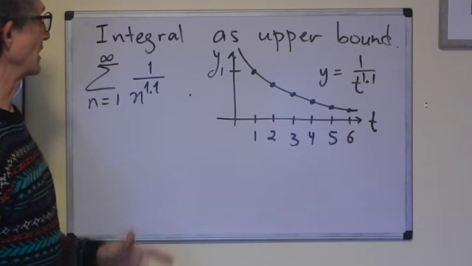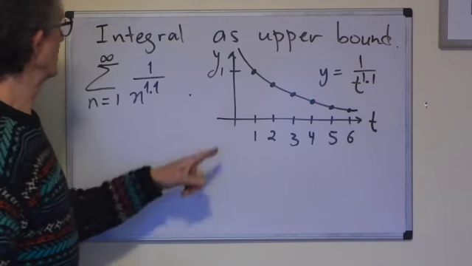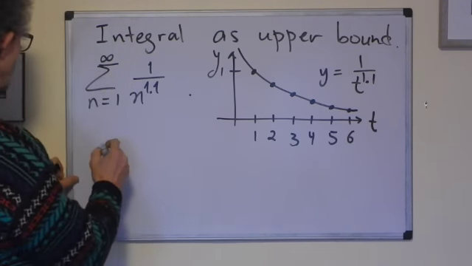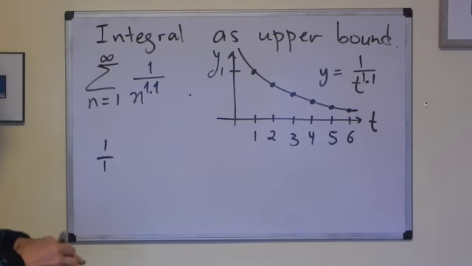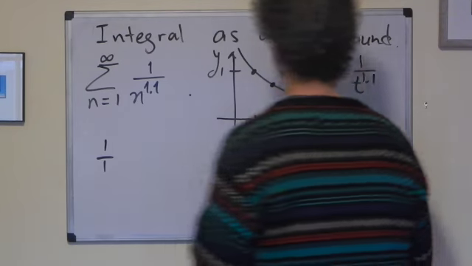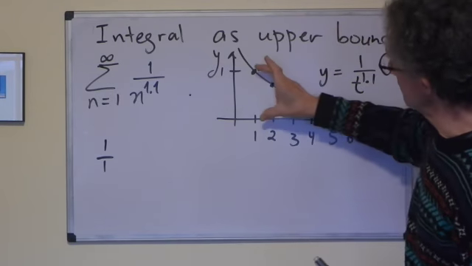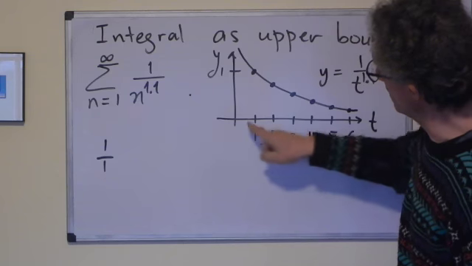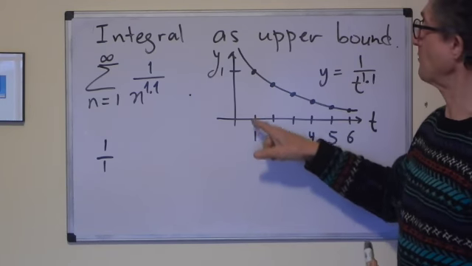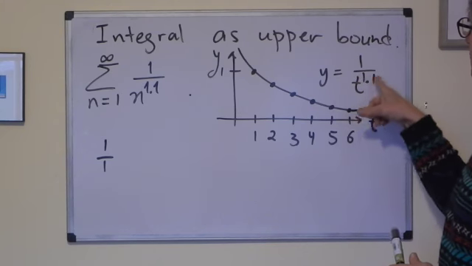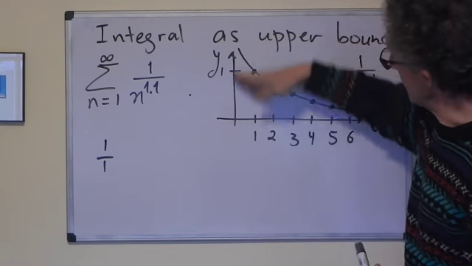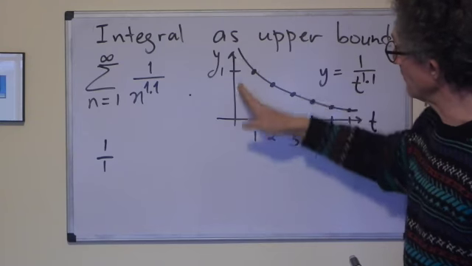Well, let's see. The first term is, of course, 1 over 1. And in this picture, the term 1 over 1 corresponds to the value 1 and the base 1. The problem is that this function, 1 over t to the 1.1, is not bounded, is not well defined.